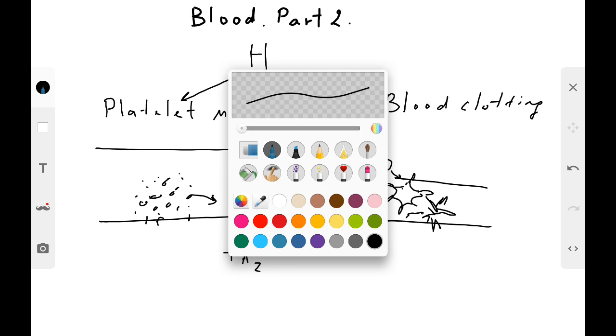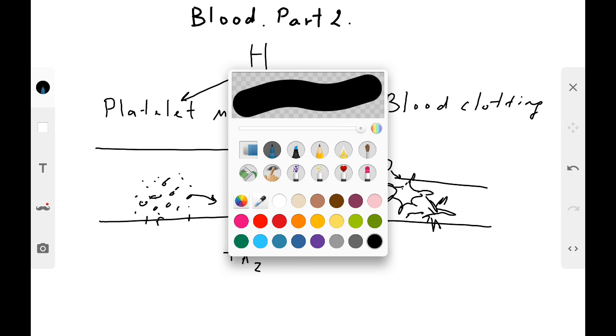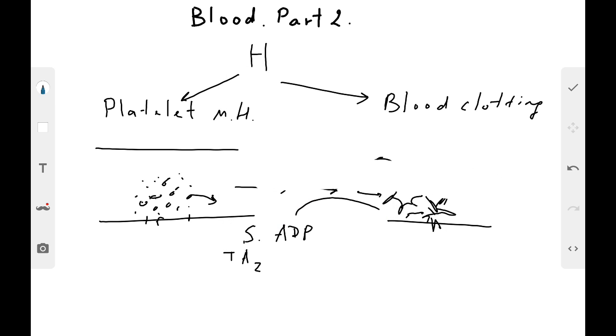So the different idea is about blood clotting.